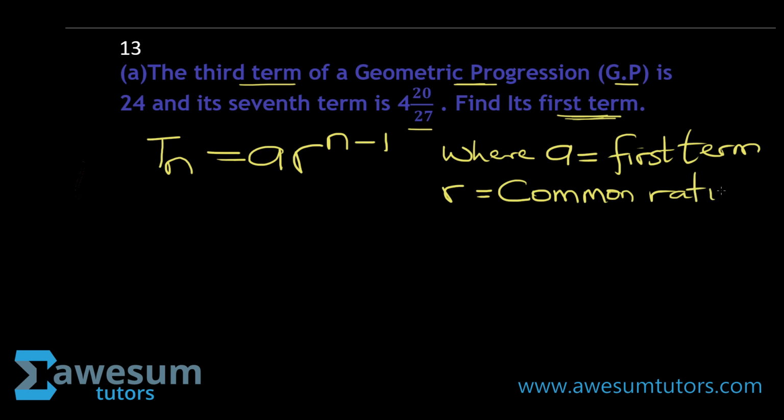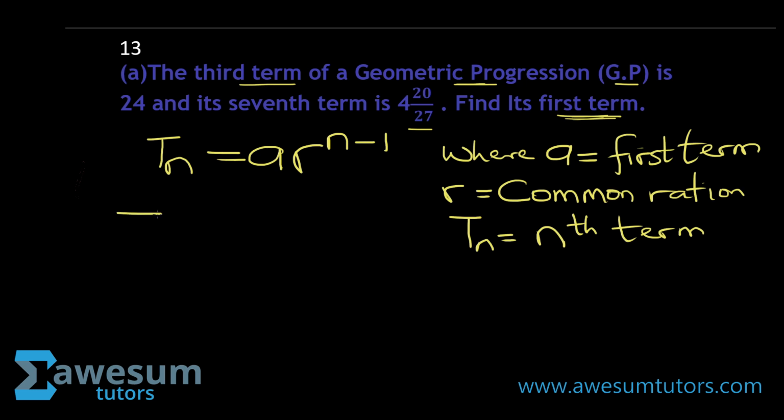T subscript n is the nth term. So now since we have Tn equals A R raised to the power n minus 1, the question says the third term.